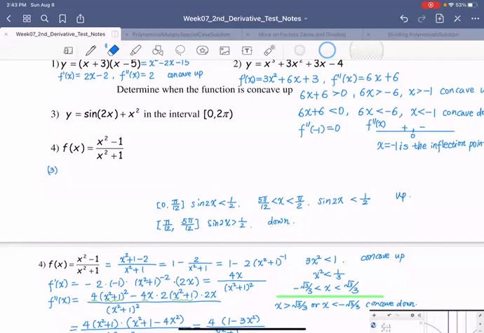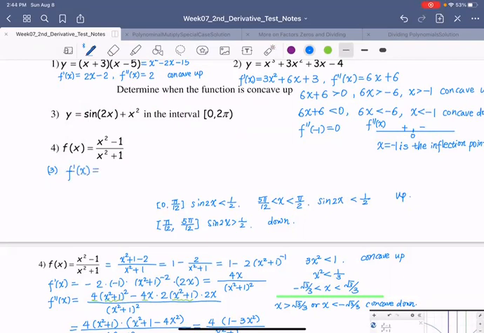Number 3. We have polynomial with trigonometry together. Zhao Yuchen, let's do number 3. How much is f prime x?